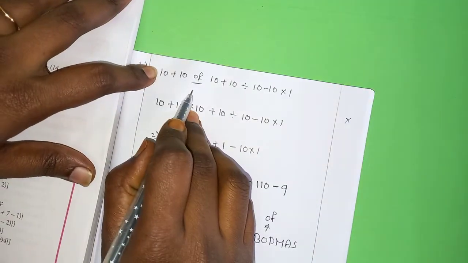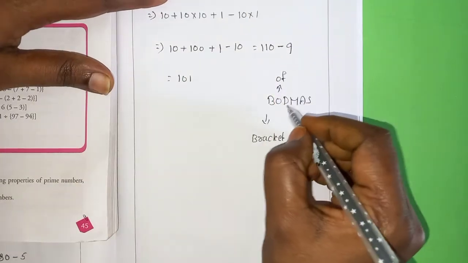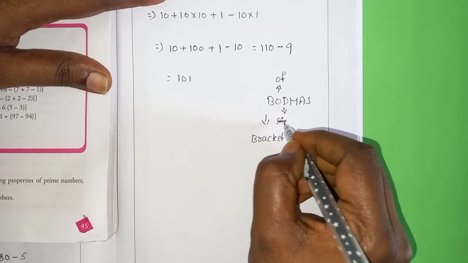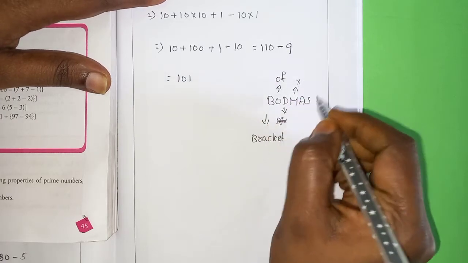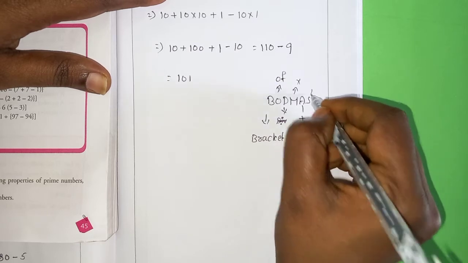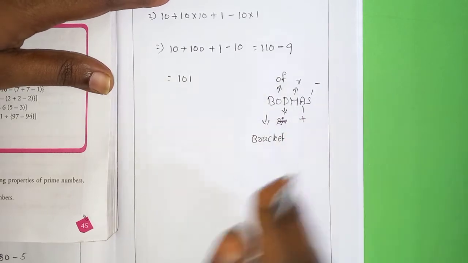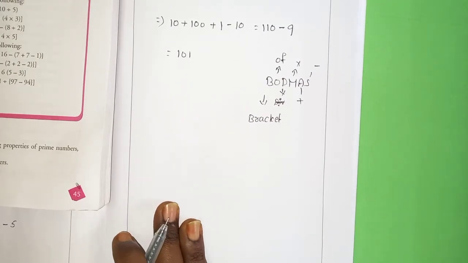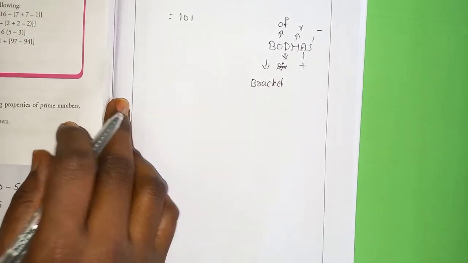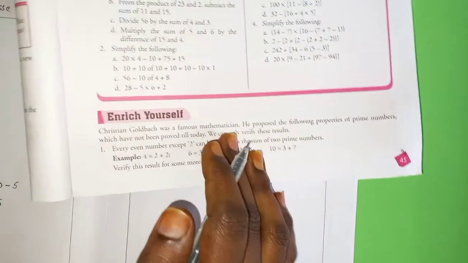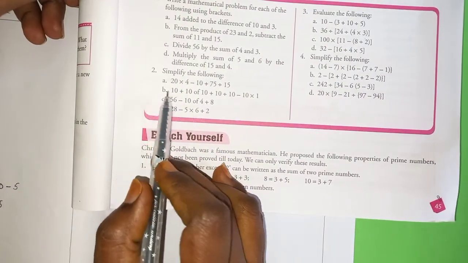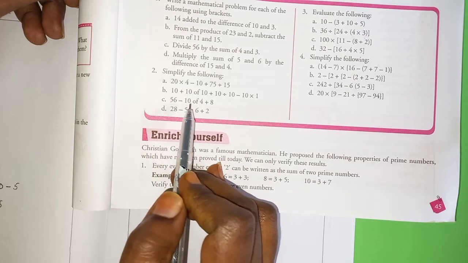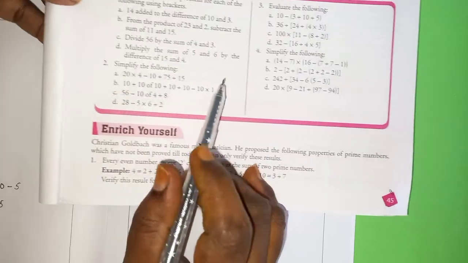Here they mentioned it, right? Of. Next, D for division, M for multiplication, A for addition, S for subtraction. BODMAS. Remember that word, BODMAS, so that you can calculate anything easily. So, in the second question A and B are explained; you have to do C and D on your own.